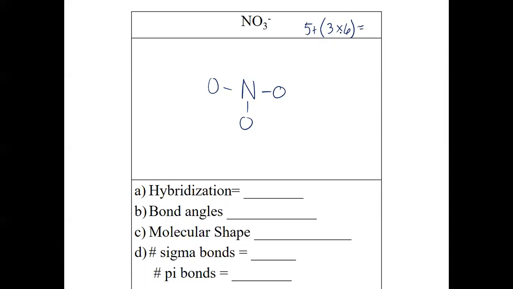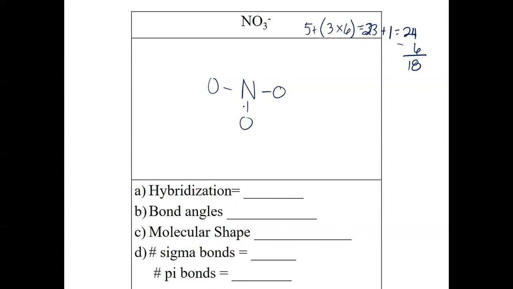So 18 and 5 gives us 23. Plus 1 gives us 24. And subtract your bonded electrons, that is 6. So you have 18 that remain. Each oxygen is going to need 6 and nitrogen needs 2.